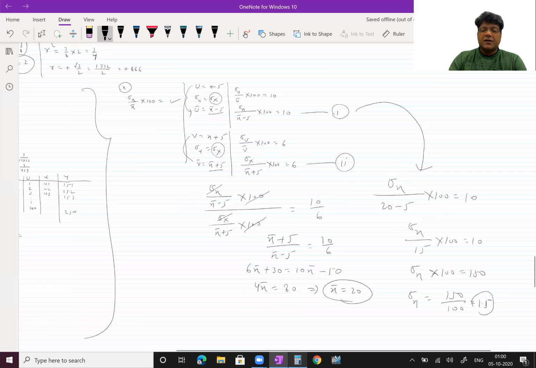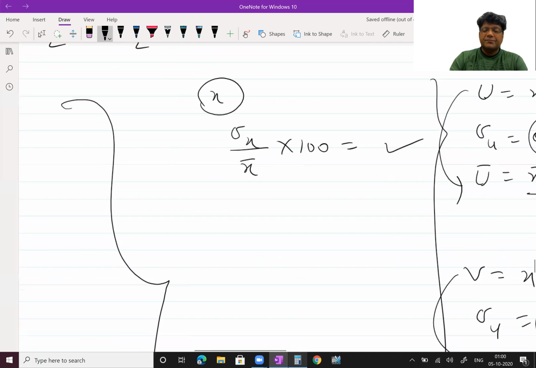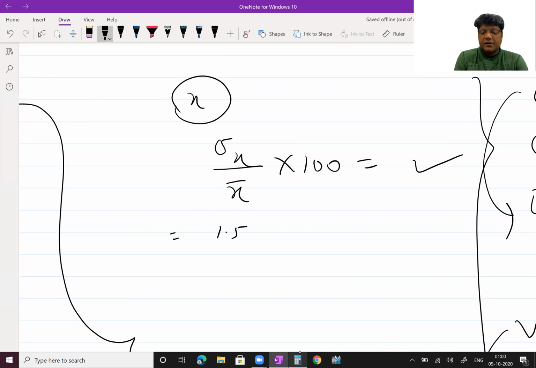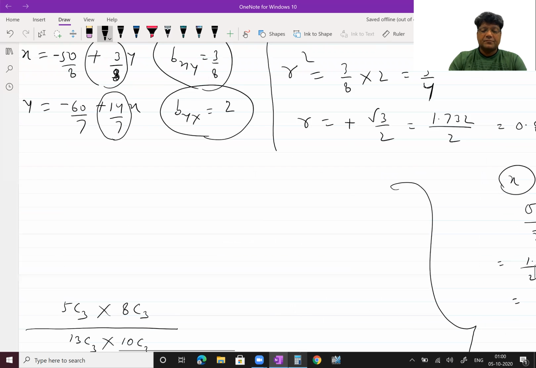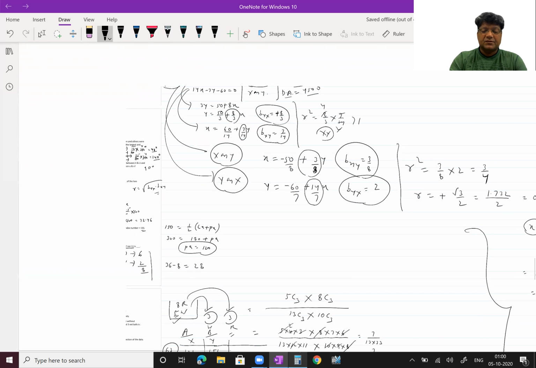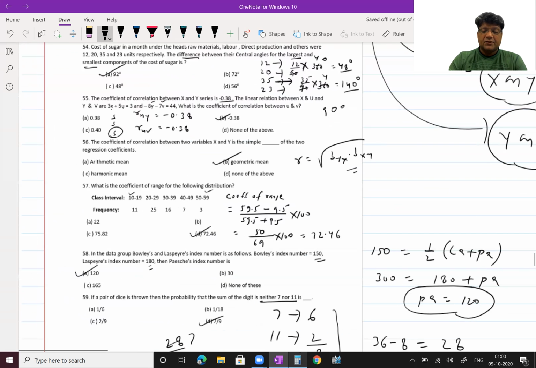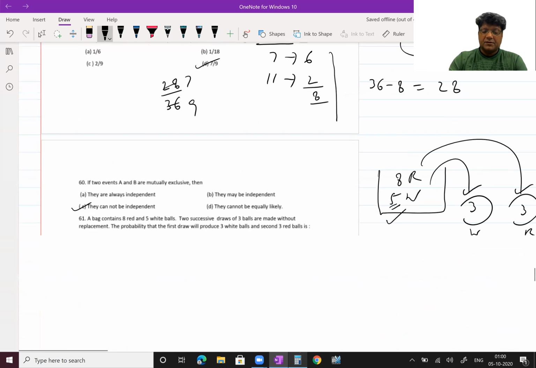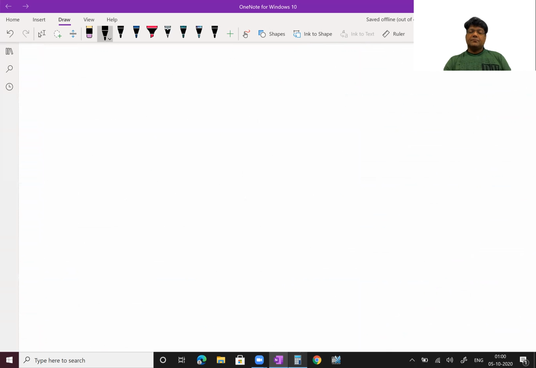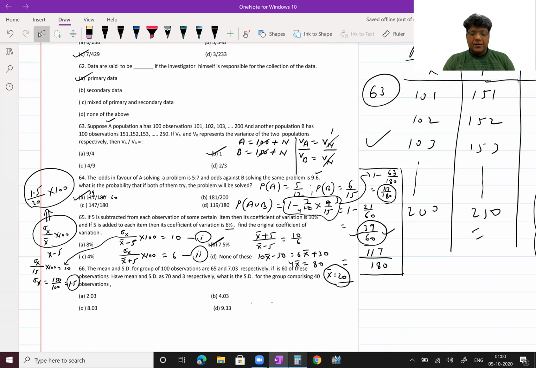We got this sigma x, and now we will put it here. Sigma x is 1.5, x bar is 20, into 100, that is equal to 150 by 20, and that is equal to 7.5. Here, for question 65, your answer is 7.5%.